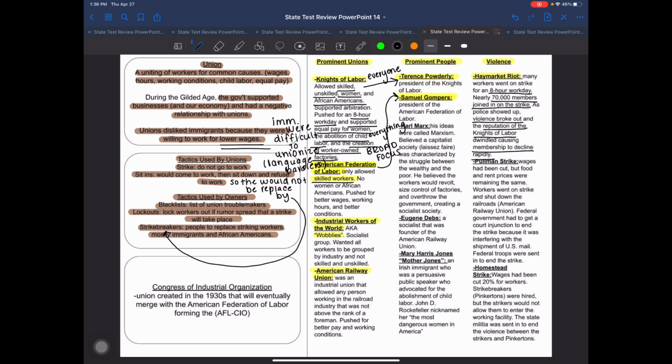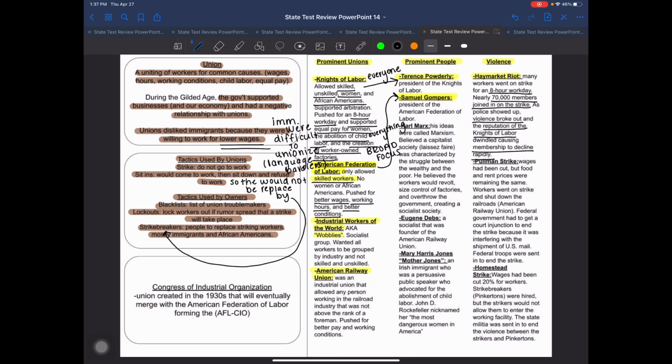They did not allow women, and they did not allow African Americans, but they focused on three major topics. They focused on increasing wages, better working hours, and also better working conditions.